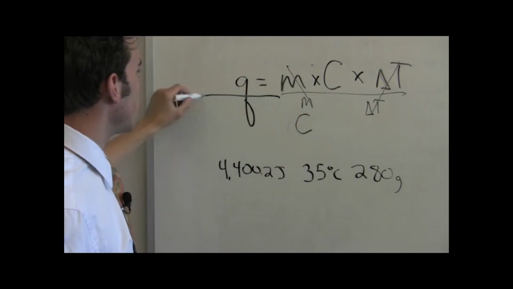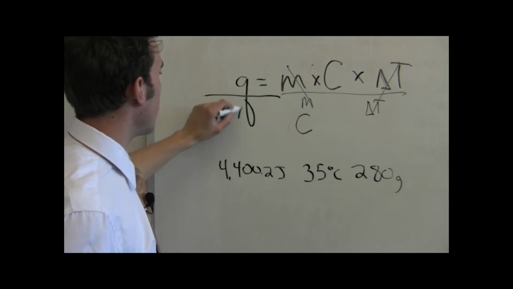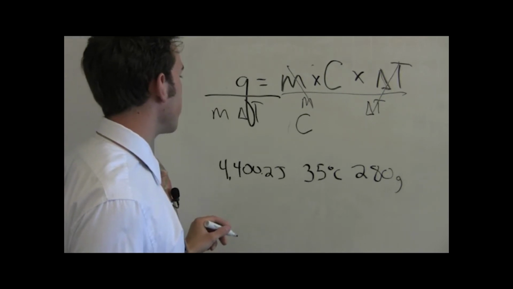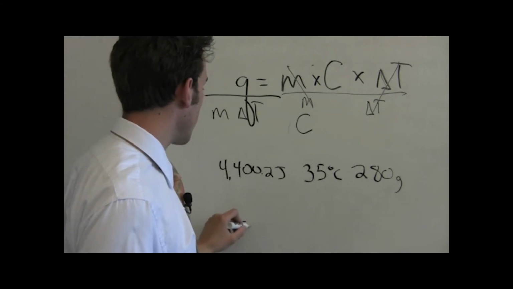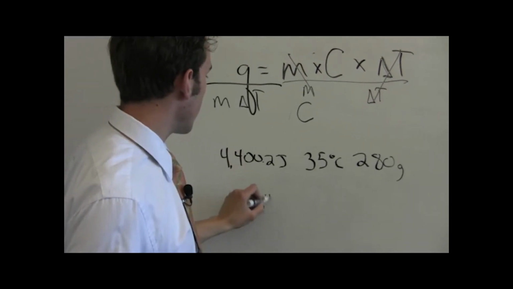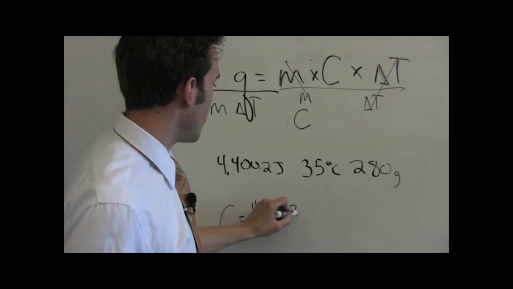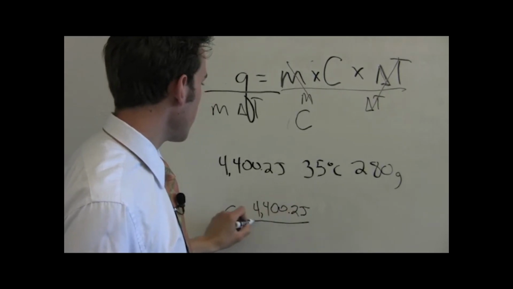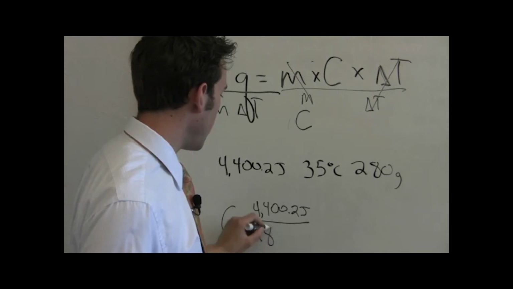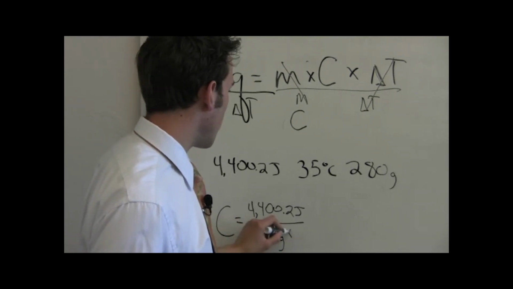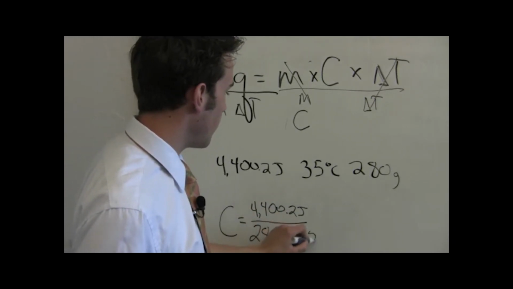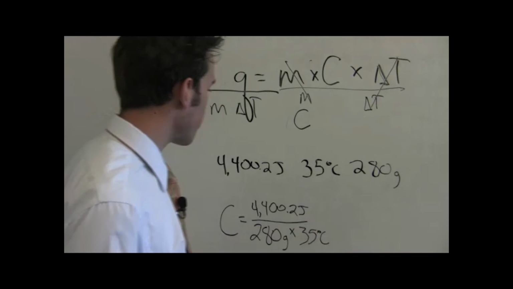And we divide this side the same way by the mass and delta T. So our new equation will set C equal to the heat absorbed, 4,400.2 joules divided by the mass, 280 grams times the change in temperature, 35 degrees Celsius.